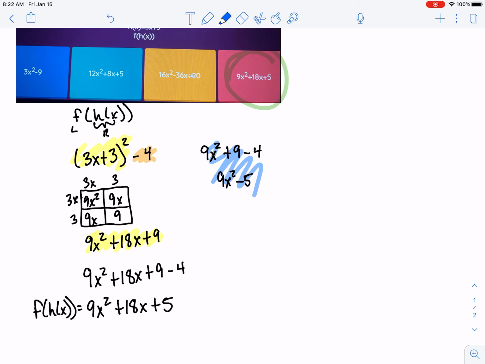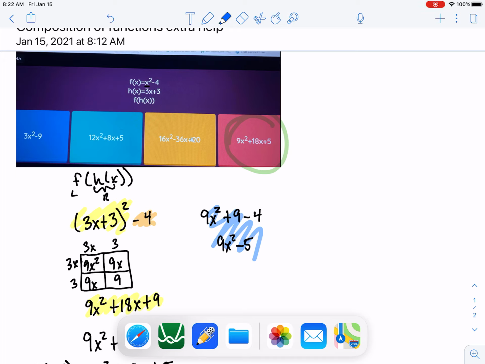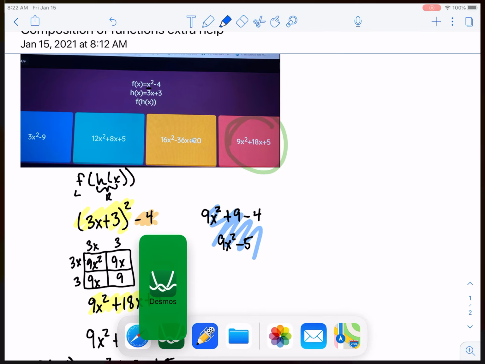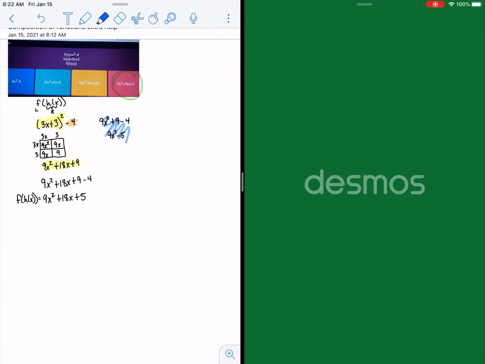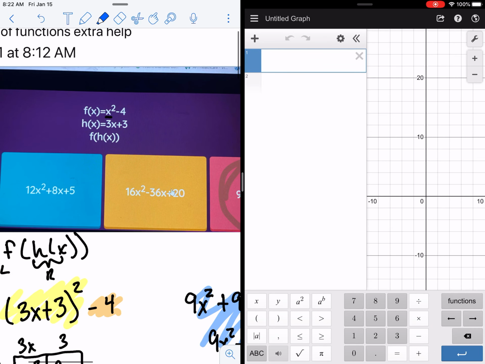So what I like to do with these, so if you noticed, composition of functions is in the lesson function operations, again, because all I'm essentially doing is just plugging in a function into another function.